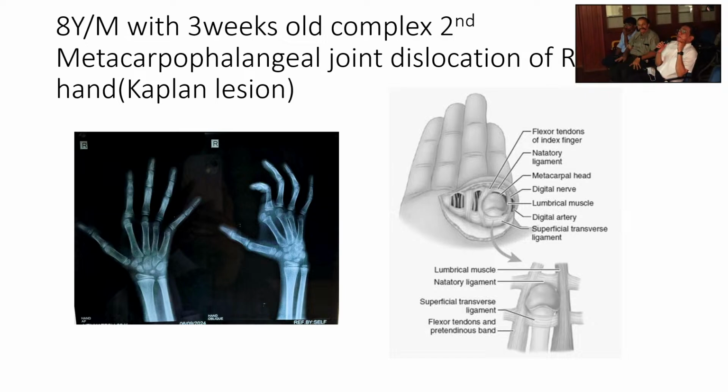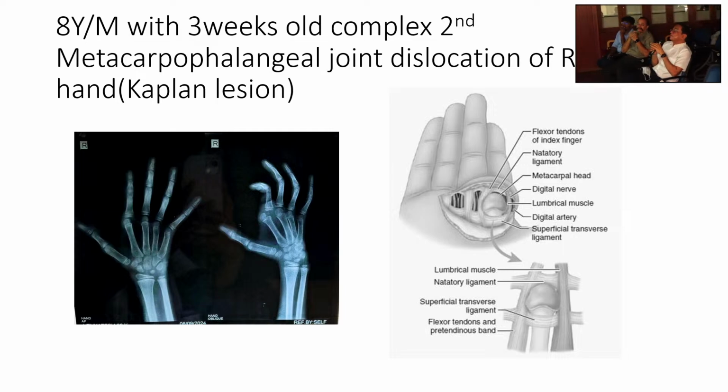Kaplan lesion is where the round part of the joint comes out through the capsule, and the capsule gets entrapped around the neck and is difficult to reduce. Every time you reduce, the capsule goes into the joint and comes back. Even if it's reduced, it's an incongruent reduction. So whenever you see incongruent reduction, there is soft tissue interposition.